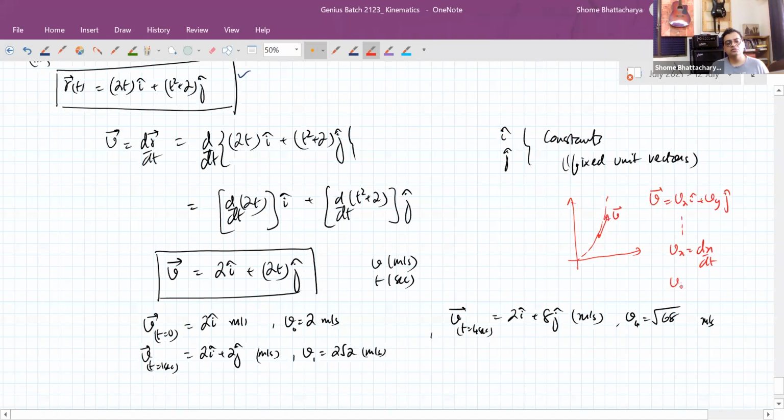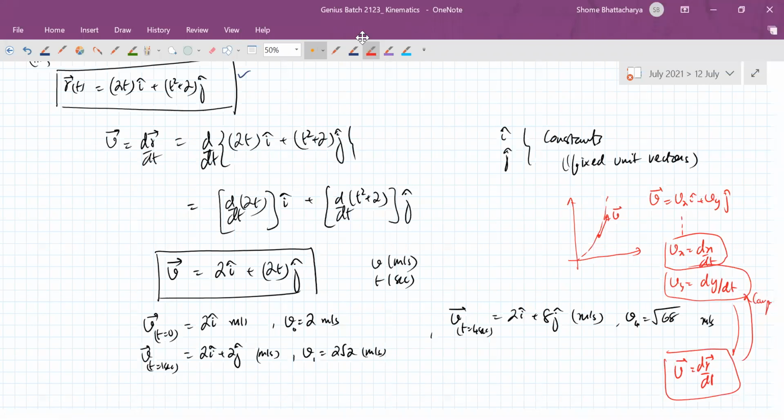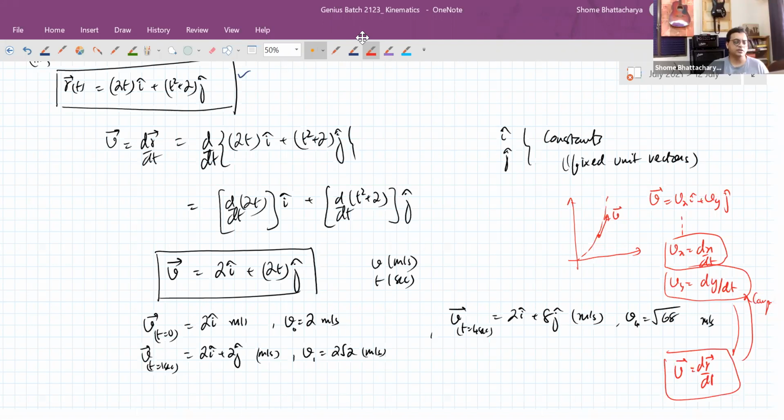What is the y component of velocity? It is the rate of change of y coordinate. So accordingly, what is the velocity? It is the rate of change of position. If you just compare these equations, they are just the components of this equation. Okay, so this is how the concept of rate of change applies on vector quantities. Hope this is clear.